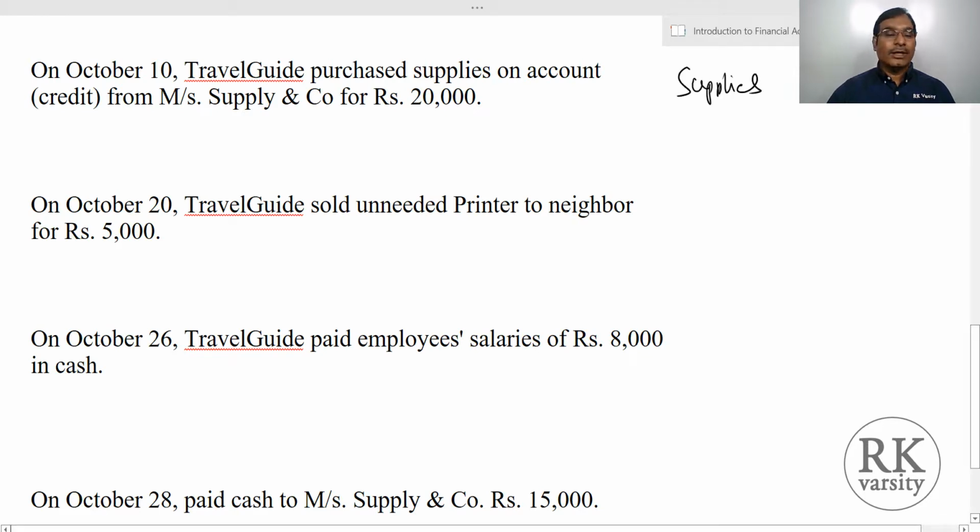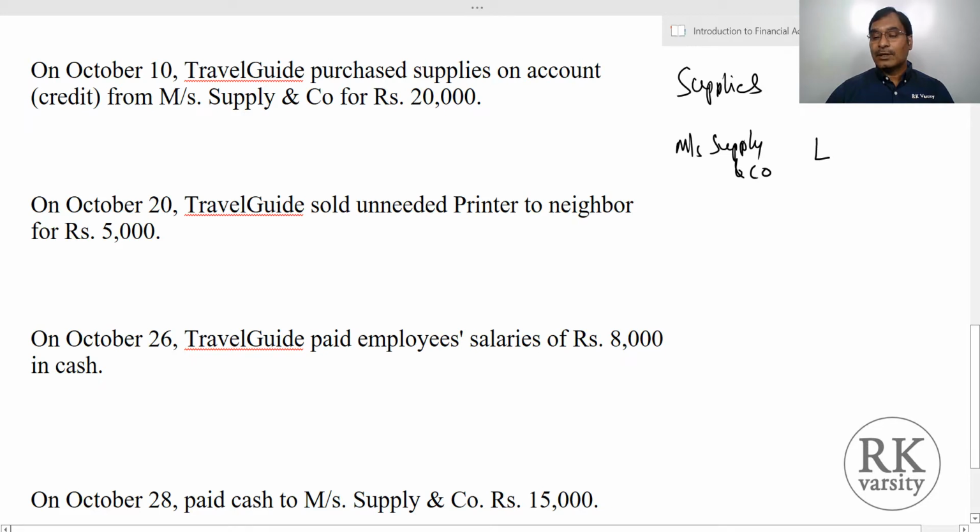Then on account, that is on credit from Messrs. Supply and Co. So supplies is your expenditure. Then Supply and Co, you owe money to them, in the sense you have to pay. Right now you didn't pay, you have to pay. So what you owe is your liability.